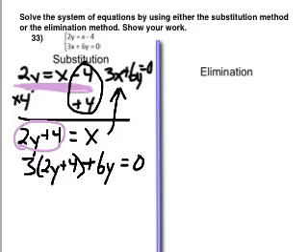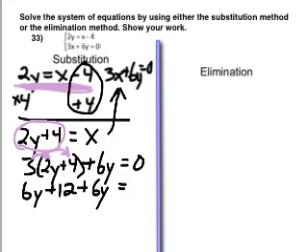Now I just combine like terms. The first thing I have to do is a distribution here. So I've got 6y plus 12 plus 6y equals 0.